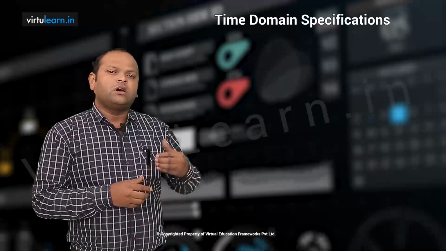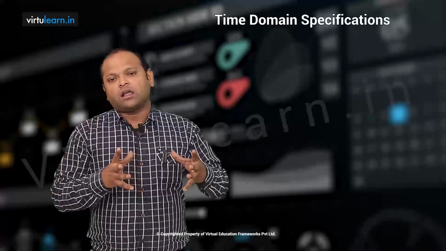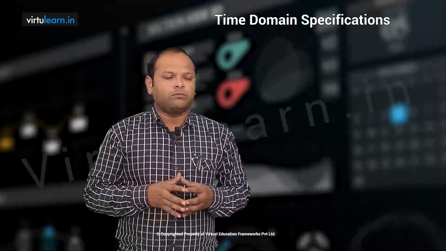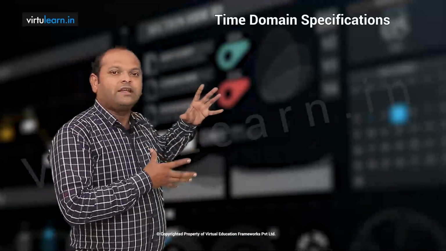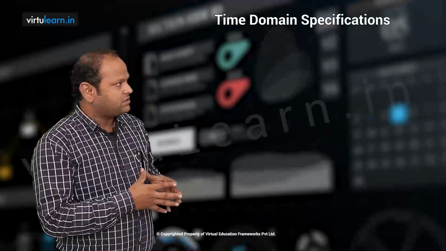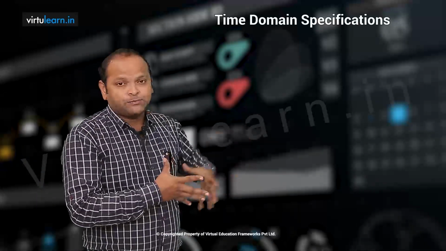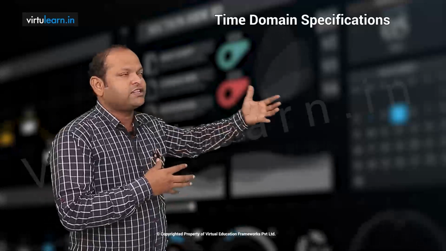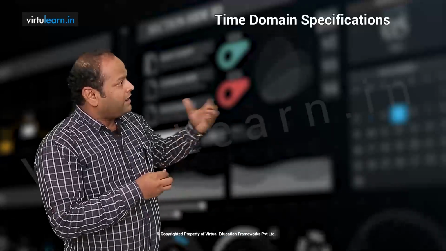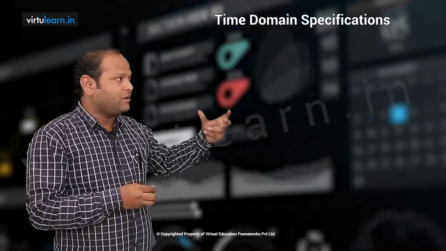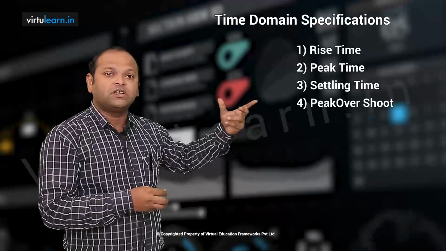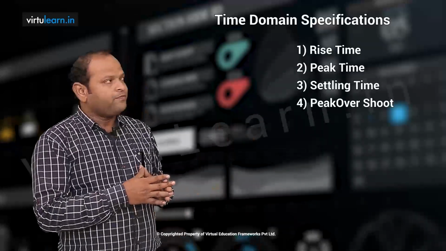Now these specifications give the characteristics of the dynamic system. Especially in a design, when you design the system, we expect some specifications from the customer. Let us say those specifications are in terms of rise time, peak time, settling time and peak overshoot.